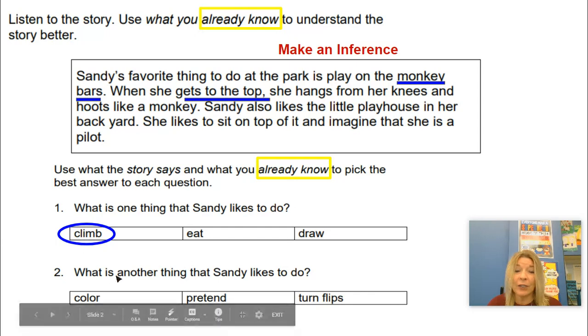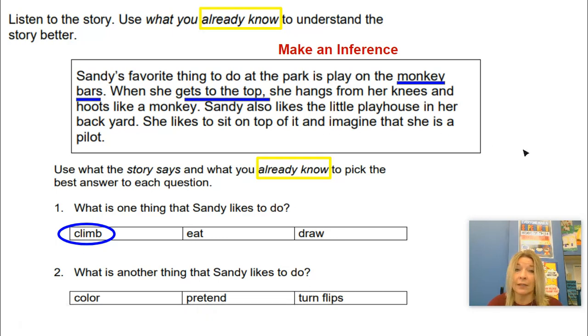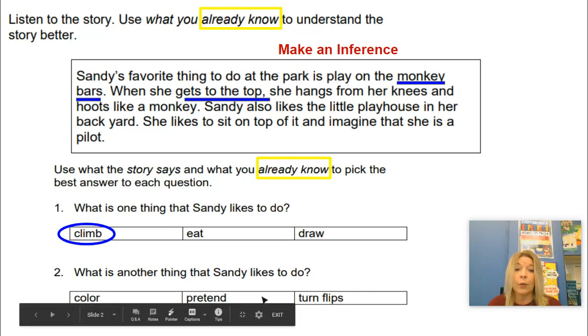Let's go to the next question. What is another thing that Sandy likes to do? Now remember, our author isn't going to say Sandy likes to and then maybe give us a list. The clues are hidden in the text, and we have to decide what is something else she likes to do. Does she like to color, pretend, or turn flips?